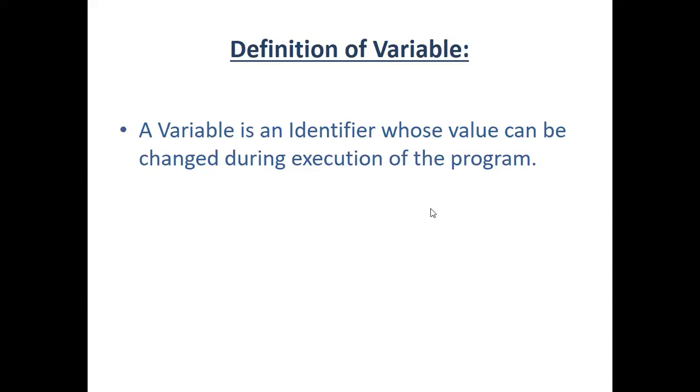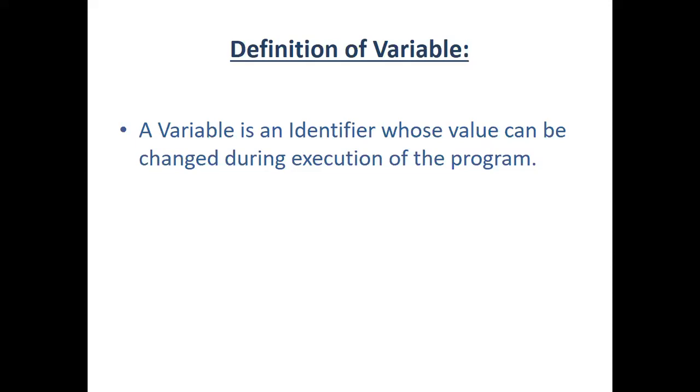Okay, students, in the earlier session also we did this. See, a variable is an identifier. What does it do? We are giving a name, right? A is equal to 45, or the age of a person is 45, right? So A is a variable which lets us know what the age is.